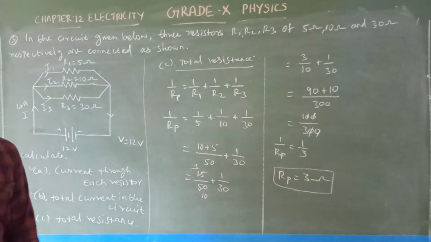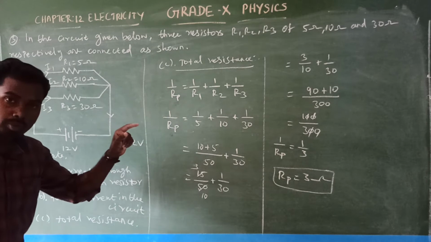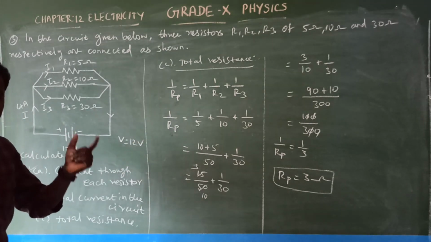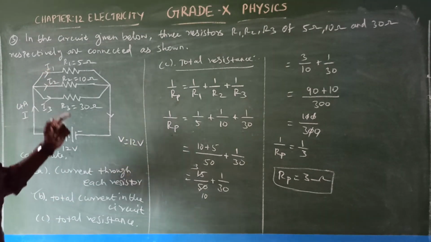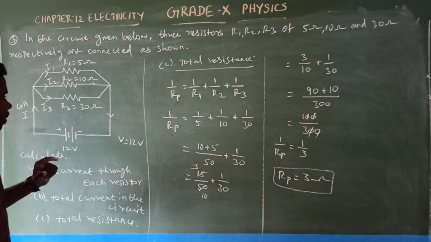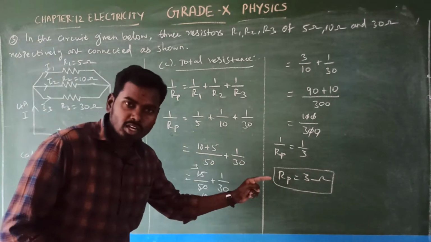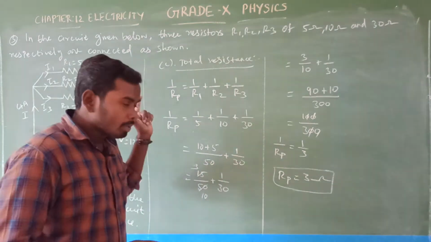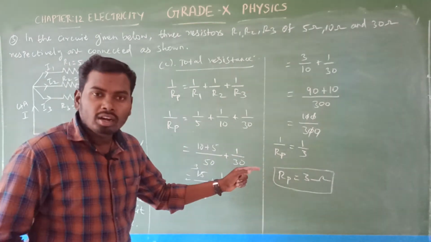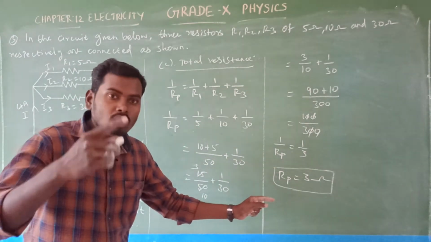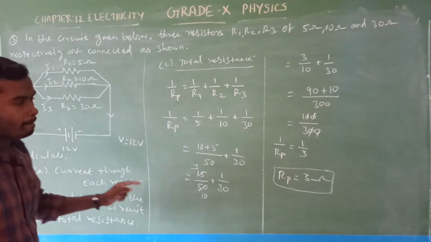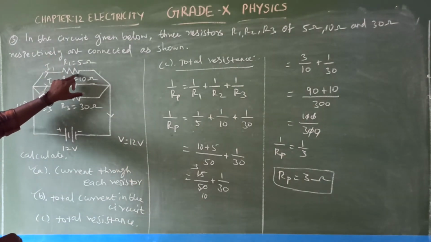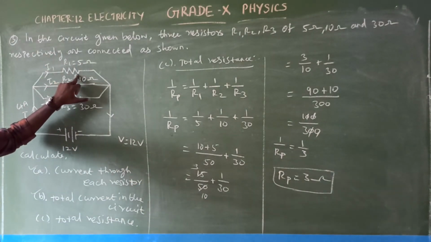Okay, look here, I'll give some important tips. In parallel combination, note this very important point, the total resistance value is always lesser than the least resistance among the resistors connected in parallel.